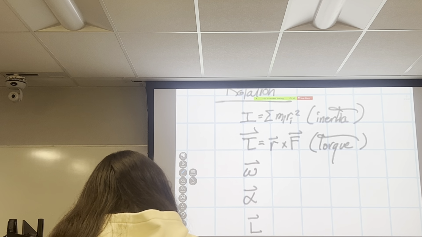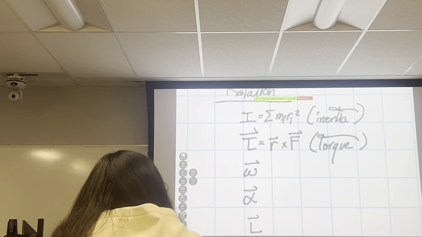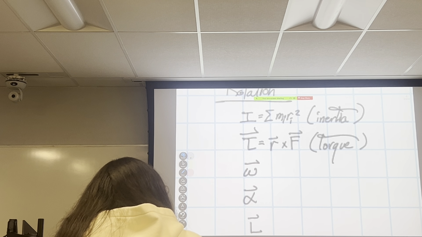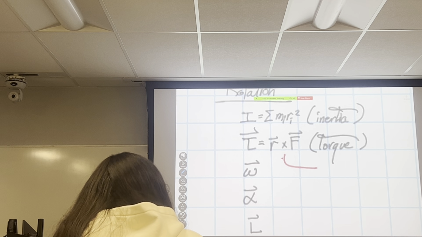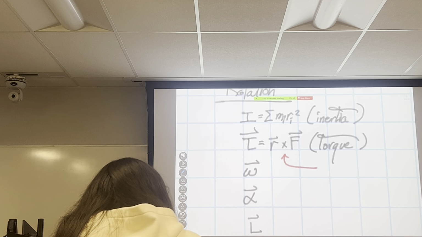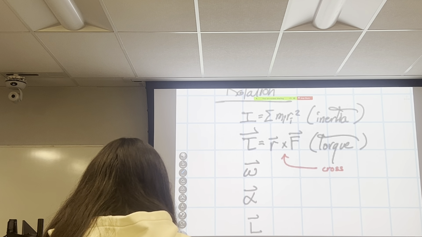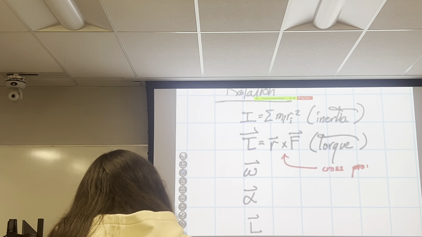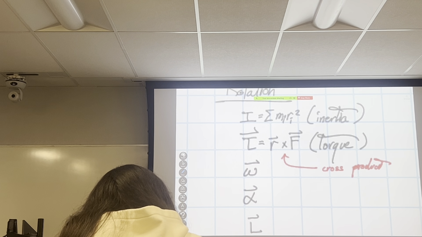It is R cross F. This is actually what is called the cross product. It is not a multiplication. It is a form of multiplication, but for vectors.